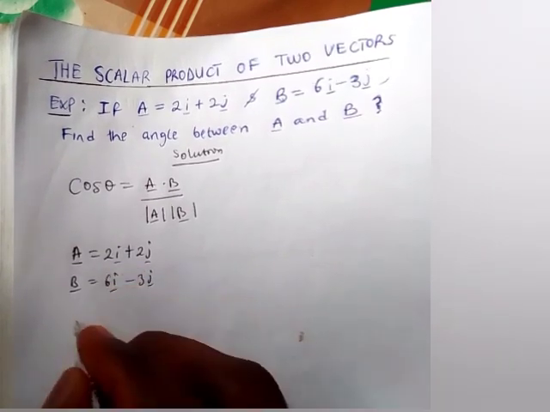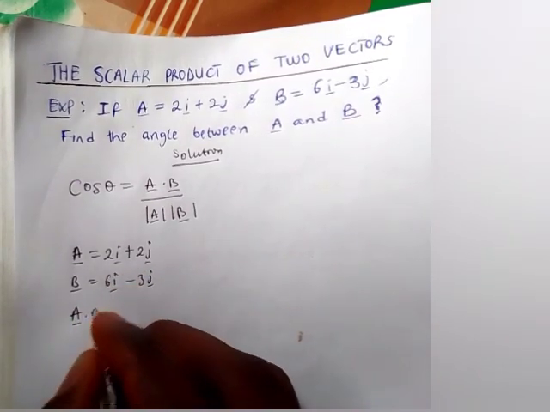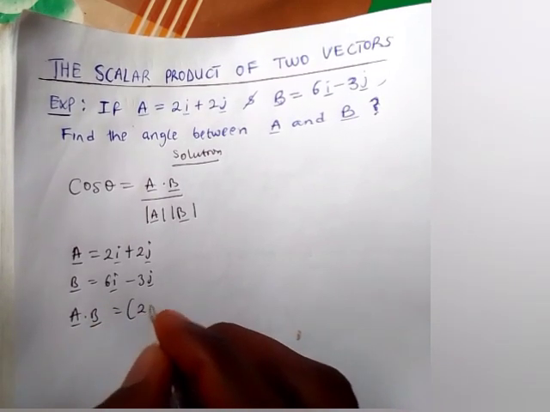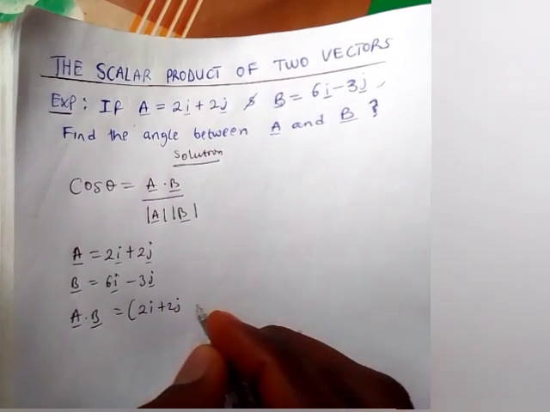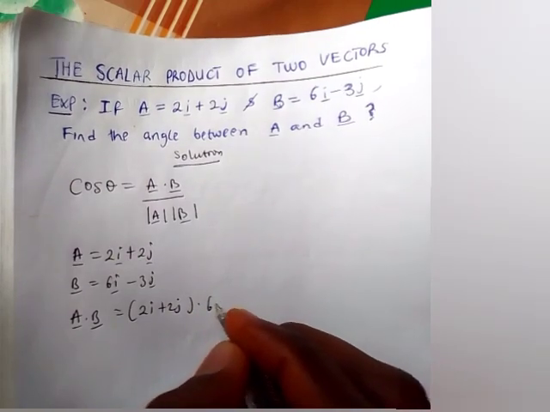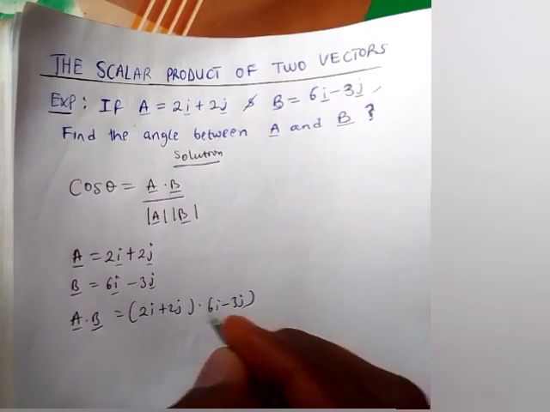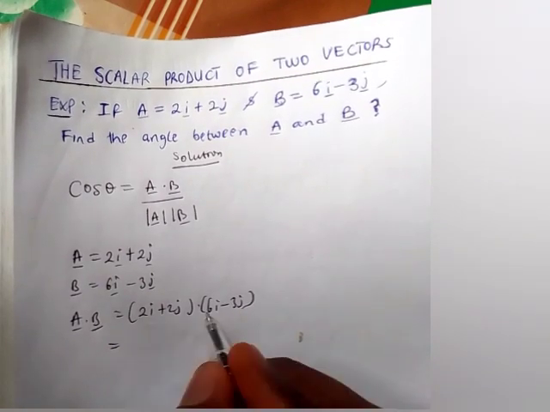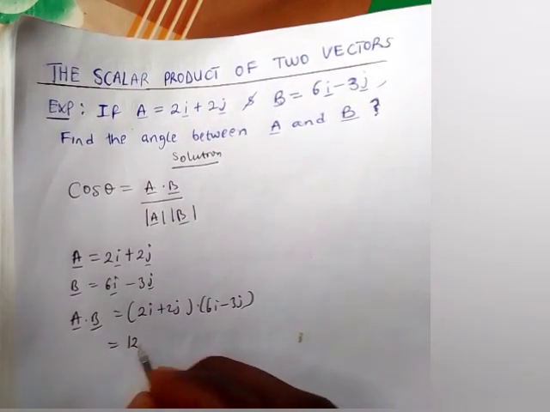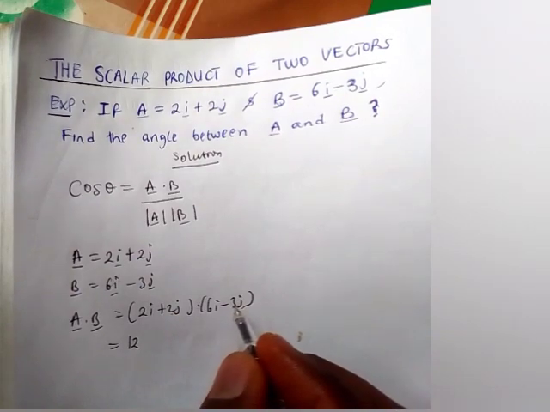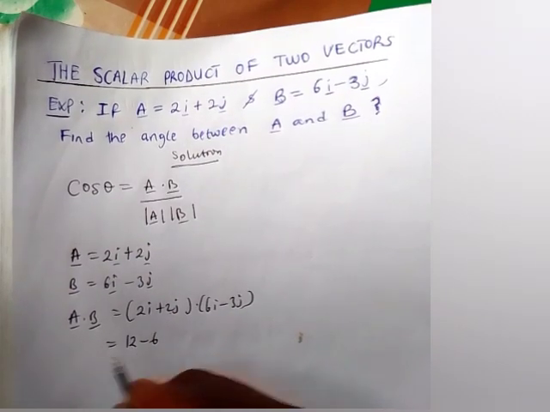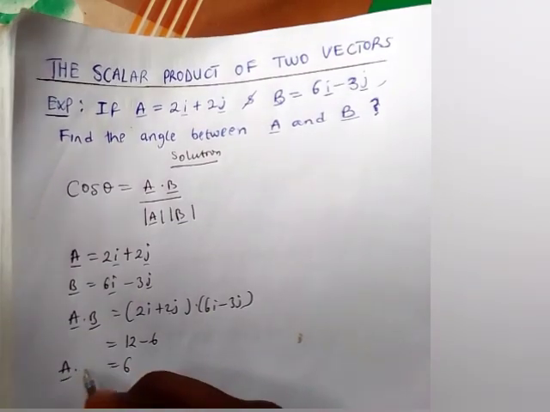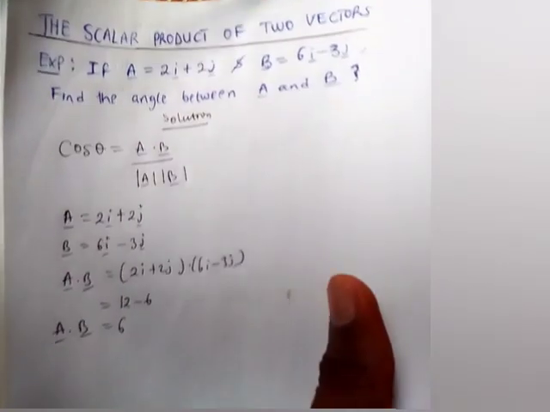So now we obtain the dot product between A and B. So we have 2i plus 2j dot 6i minus 3j. If we take the dot product of the two, we have 2i dot 6i, which is 12, 2j dot minus 3j, which is minus 6. So we have 12 minus 6, which is simply 6. So vector A dot vector B is 6.